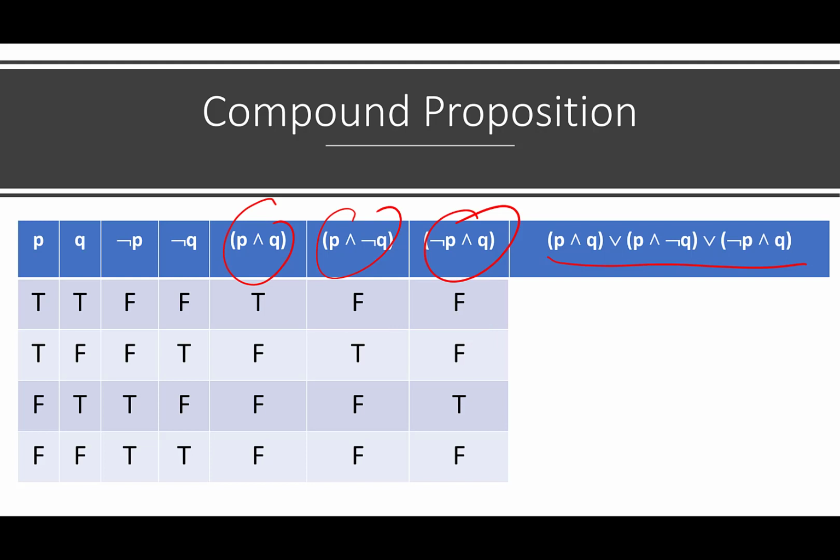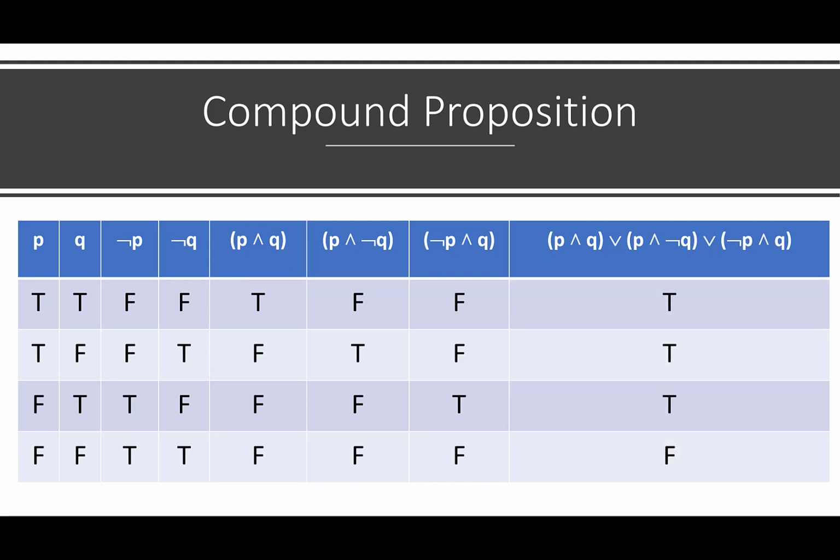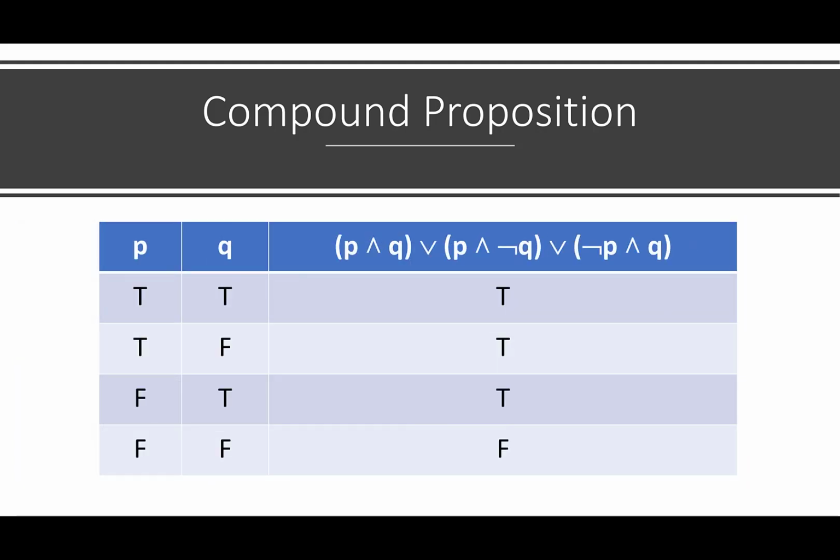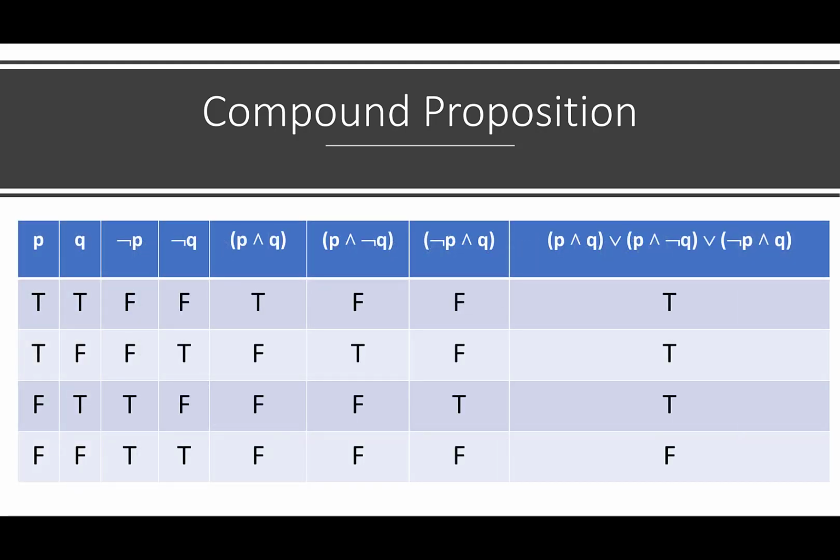And then the next row would also be true, because one of those is true. Okay, so with all of that in mind, we end up with the result that we had on the original slide, like this. But this is a good breakdown of how we got there.